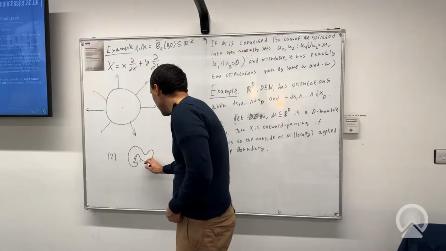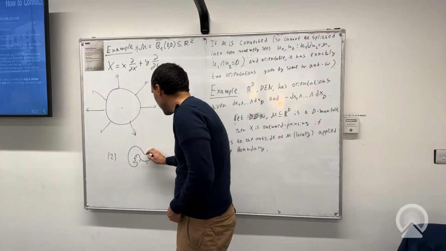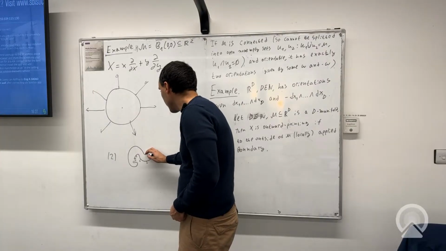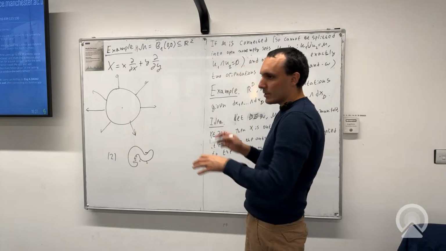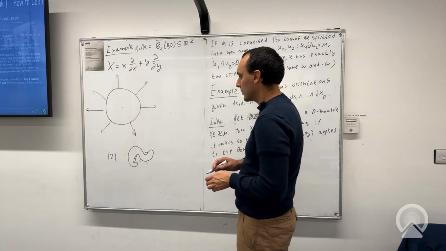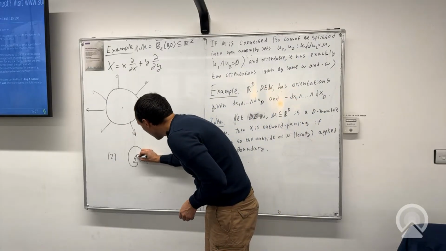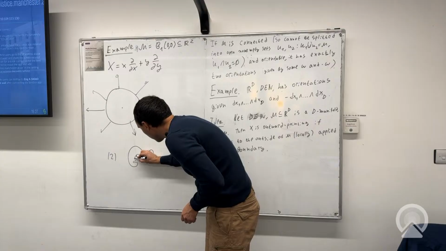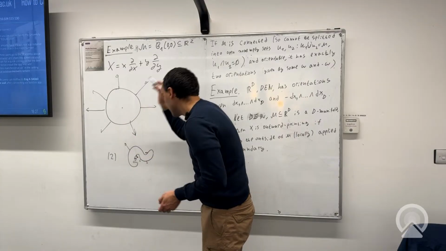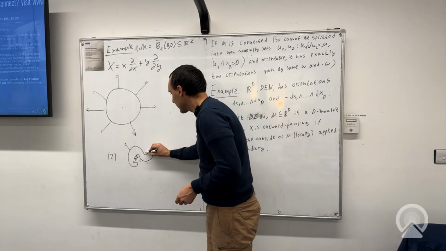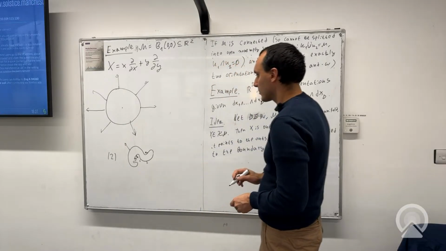This points here, this points here, and so on. It's important to point outside. So these are very small. Let's make them big. And this could go there.